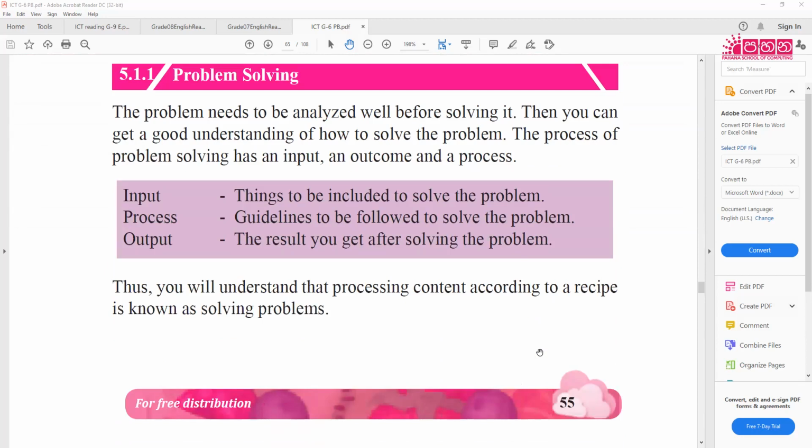We first of all look at the problem, the inputs, then the outputs, what you expect as the output, and to get from the input to the output, this is called the process. So we have input, process, and output.